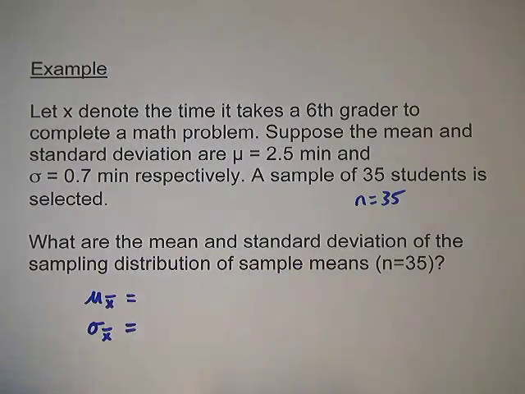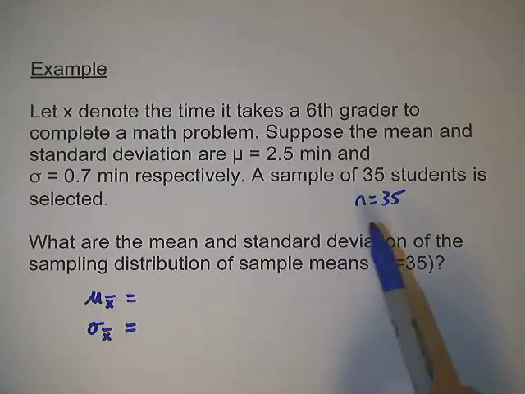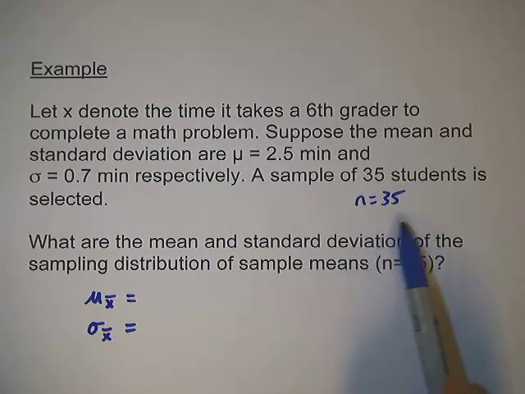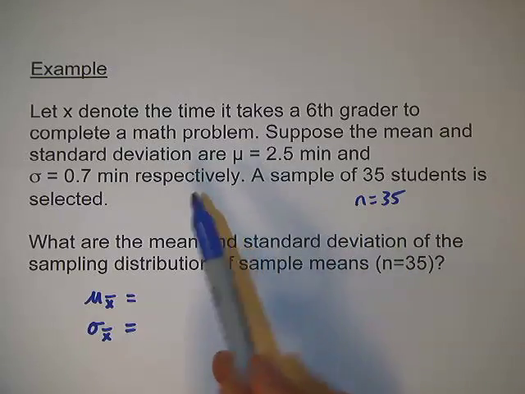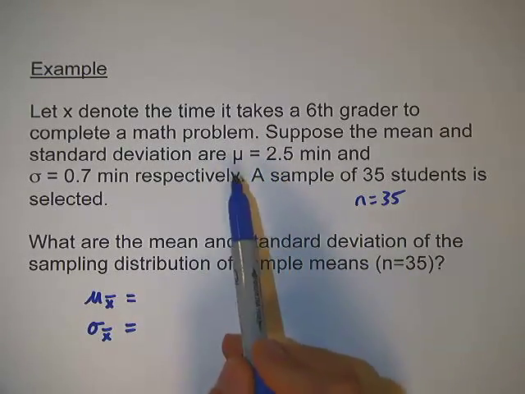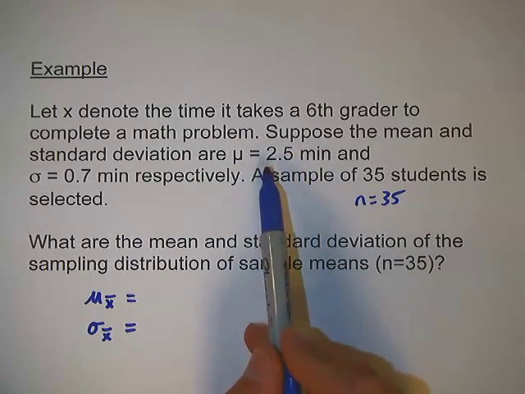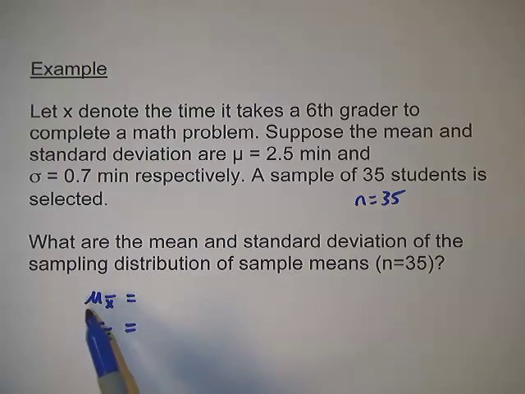What mu sub x bar represents in this case is, on average, what's going to be the average time that a group of 35 students will take to do the math problem? This 2.5 minutes represents what we would expect for one student, and it's also what we would expect an average of 35 students to be.